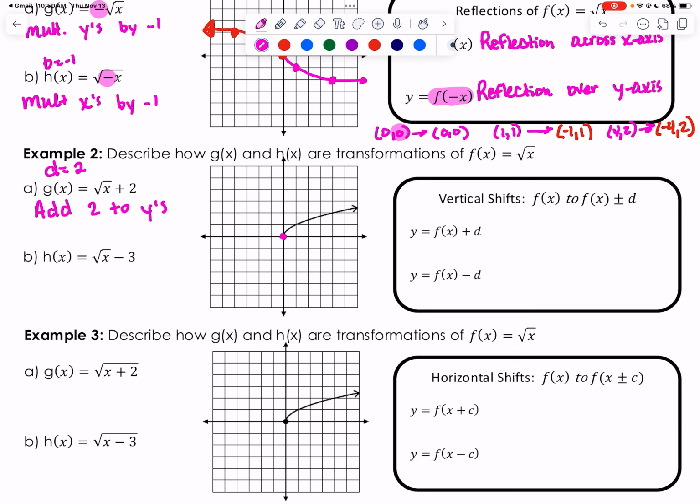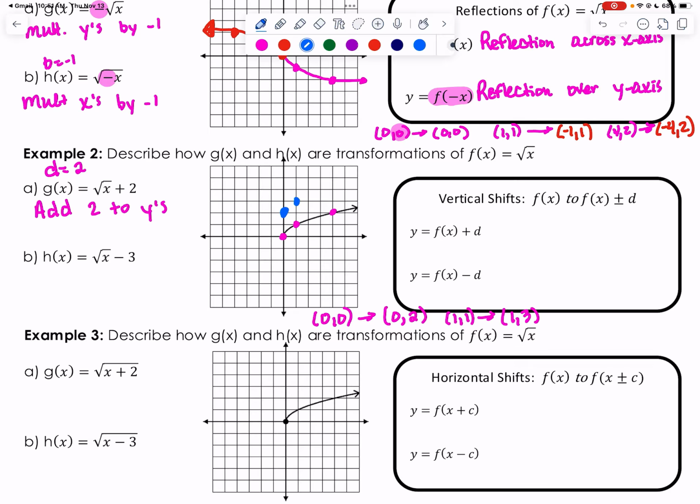Now, let me put our critical points on here again. So if we had 0, 0, and I want to add 2 to my y values, my new y value would be 0, 2. Our second critical point is 1, 1, and if I add 2 to the y value, I would get 1, 3.